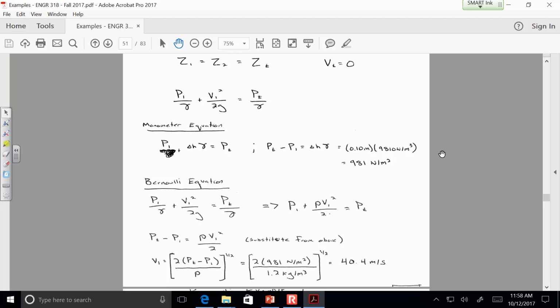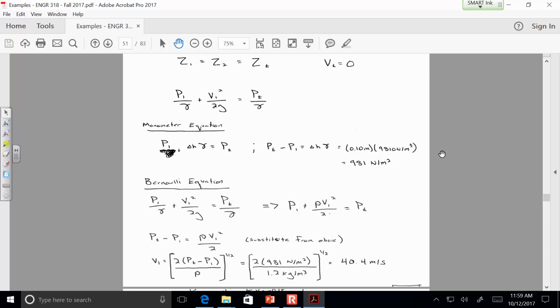If we did, V1 is equal to 2 times PT minus P1 divided by the density to the 1/2 power. Okay, so move the 2 over, divide by the density, and take the square root of both sides. So that's where this came from. This is our Bernoulli's equation.